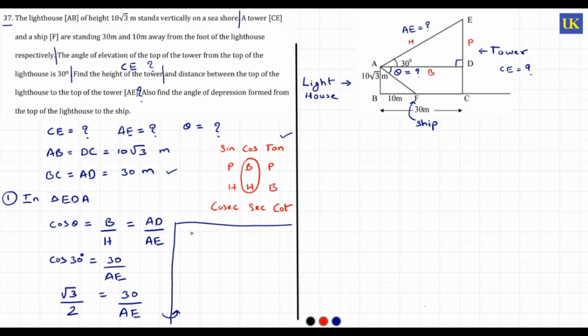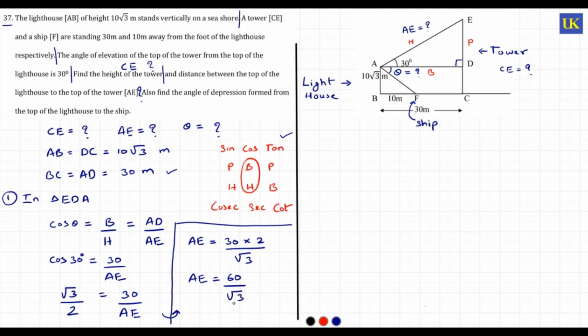So we'll cross multiply. So AE is equal to 30 into 2 divided by root 3. So AE is equal to 60 divided by root 3.